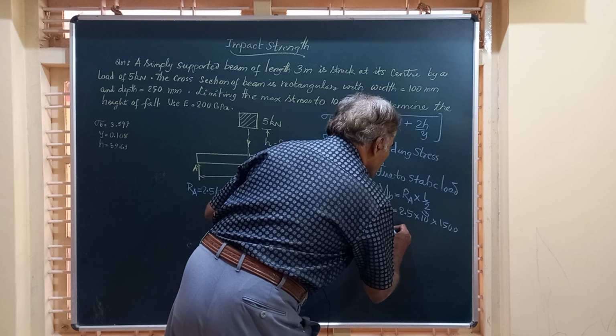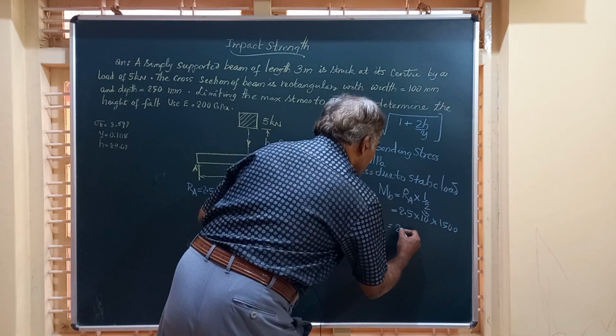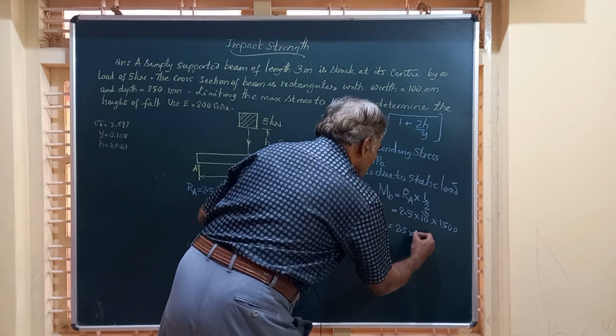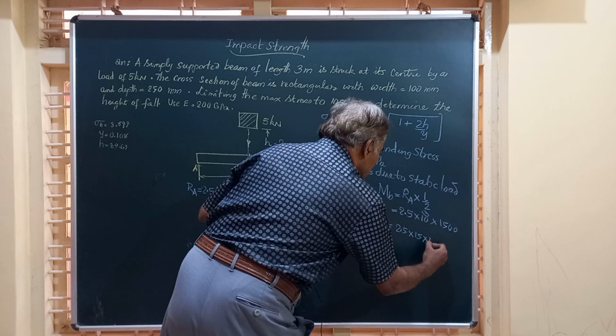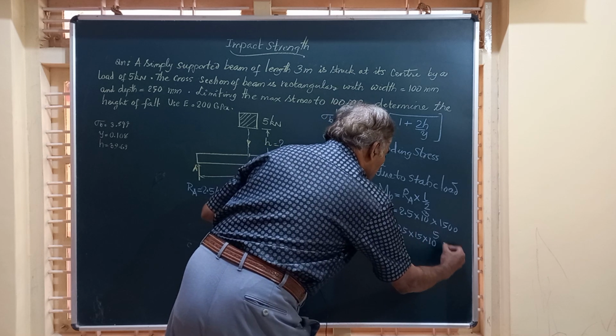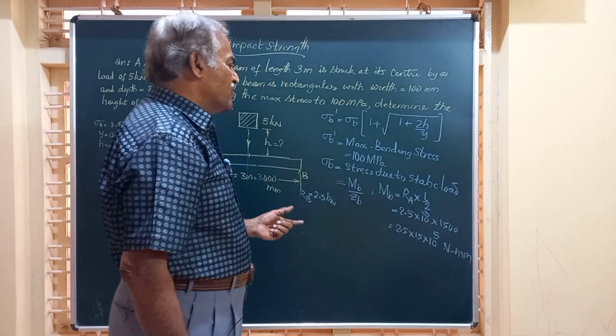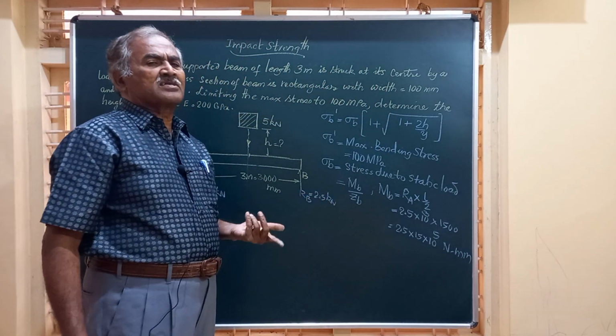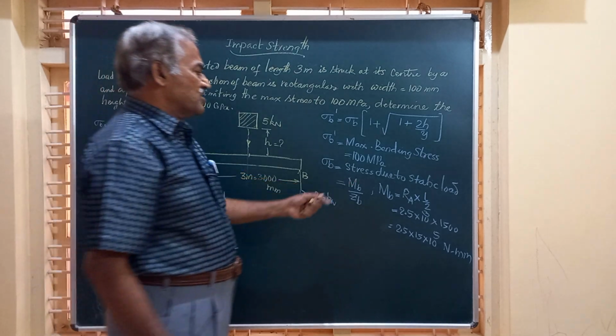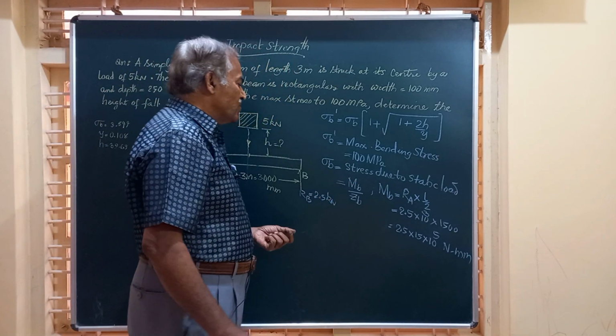So this will work out to 2.5 into 15 into 10 to the power of 5 Newton millimeter. There is also a general formula WL by 4. If you take that also, you get the same answer. That is Mb is also equal to WL by 4.